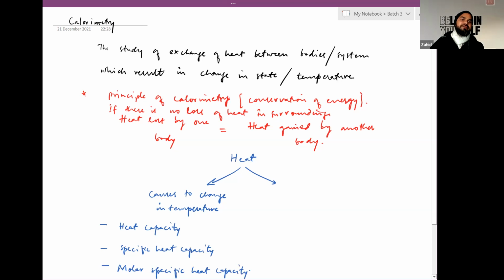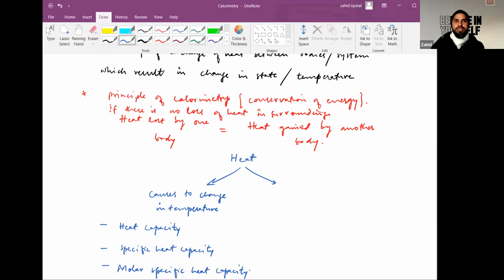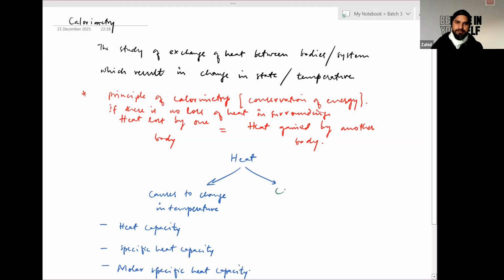Next part, if heat causes change in state, it will be of two parts. First is latent heat of fusion, which means conversion of solid into liquid.